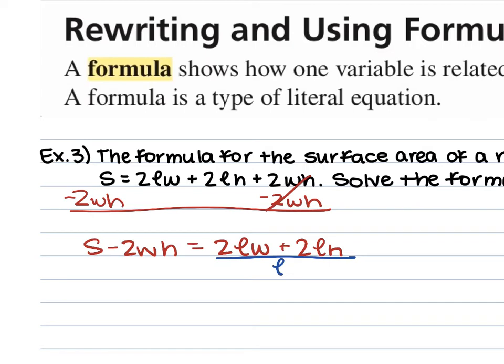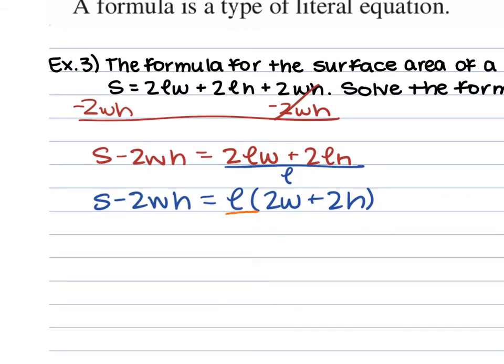We want to factor out that L, that length. So S minus 2 width times height is equal to L times 2 width plus 2 times the height. All right, so from here, we're going to divide by 2 times the width plus 2 times the height on each side.